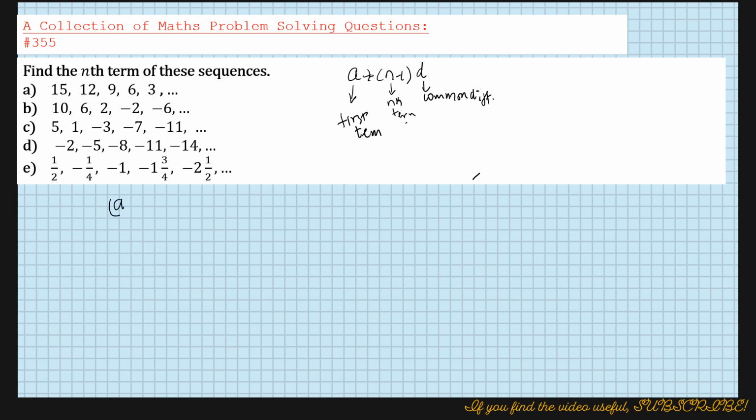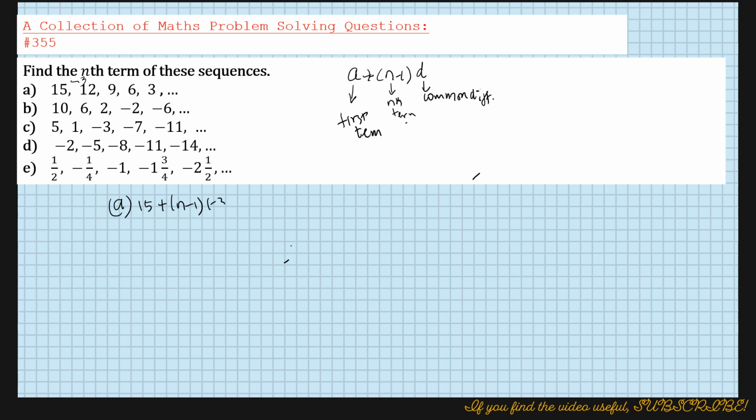So for part A, the first term is 15. So I'm going to write 15 plus n minus 1 times the difference. The difference between the terms is minus 3, because 12 minus 15 is minus 3.